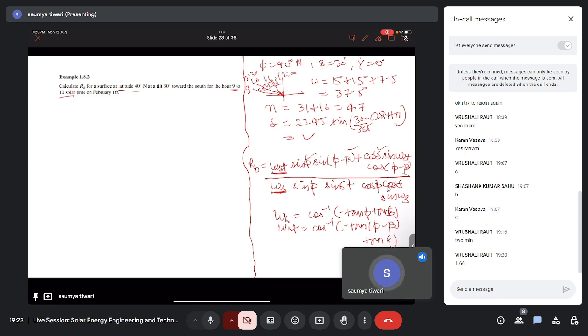So we can put phi, delta and beta into the equation and get omega s and omega st. We know phi, beta, omega st, delta, and all the parameters. If we put them back into the equation, we can get the value of RB. Okay.